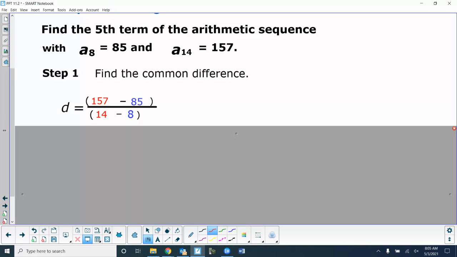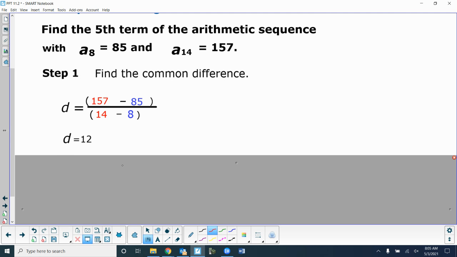Term number minus term number. 14th term, 8th term. Okay? They probably did the work for us. That comes out to 12. Okay, what is that? 72 divided by 6, right?